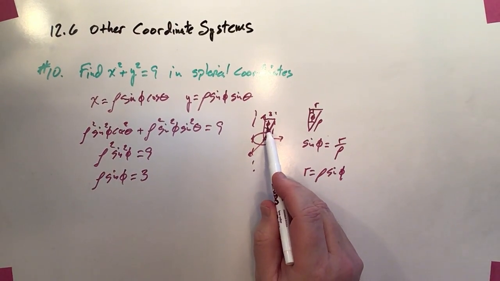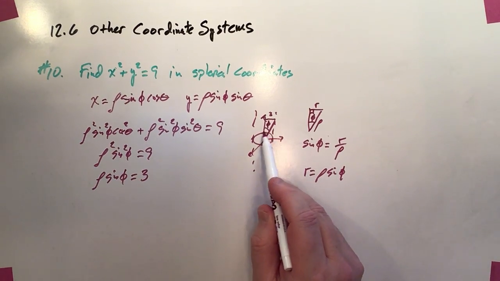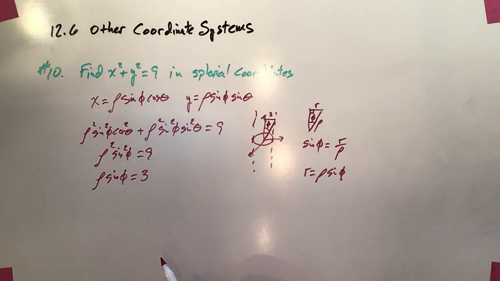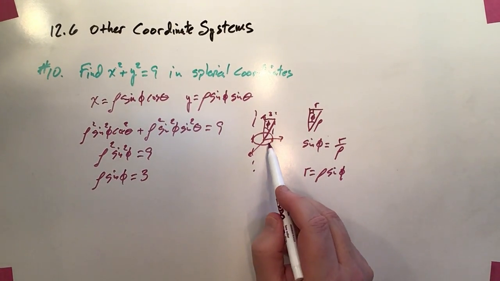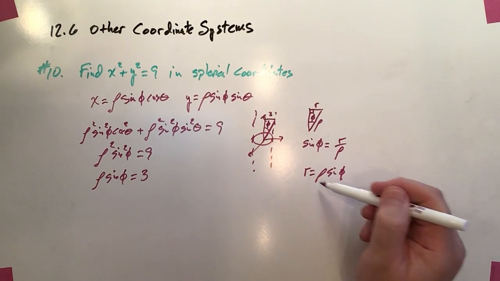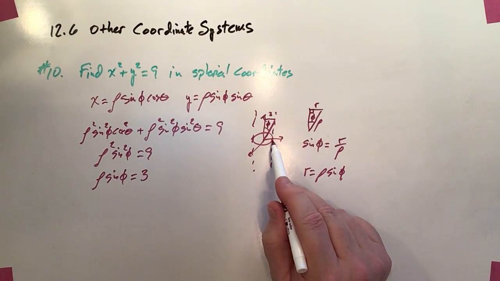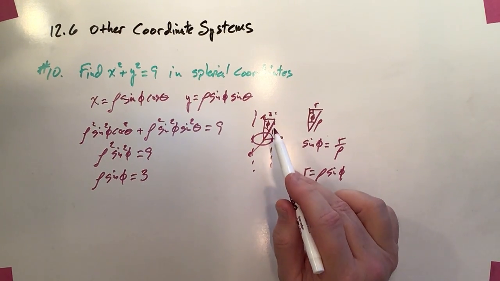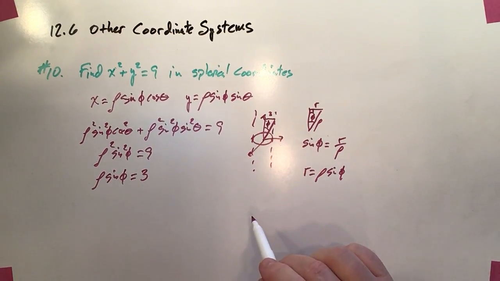Basically, whenever phi changes up or down, it'll simply change the length of the radius to guarantee we always remain on the surface of the cylinder. When phi is 90 degrees, it's all the way down at the bottom, sine phi will be 1, and rho will represent the radius. As phi gets smaller and smaller, of course, rho has to grow larger and larger to ensure that it still hits the surface.